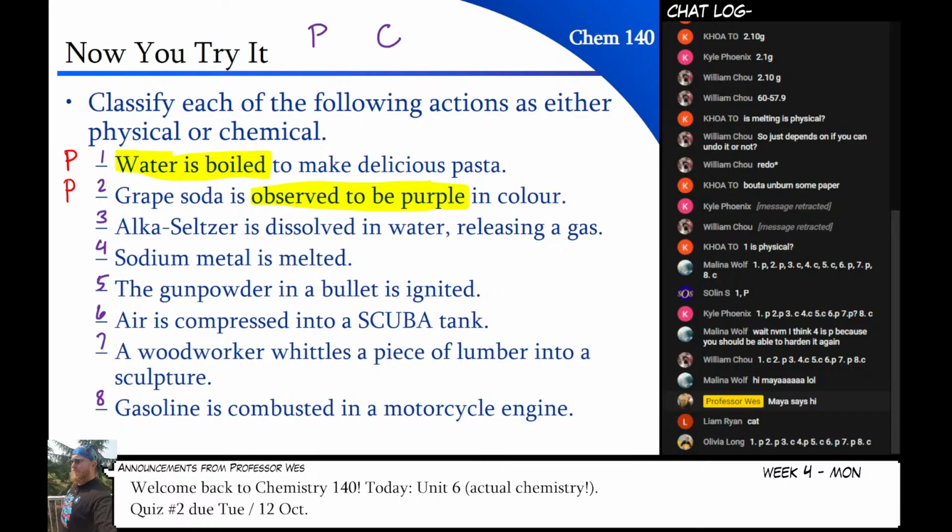However, if I do this example with the Alka-Seltzer and dissolve it in water, it ends up being a different process entirely, and I actually can't get the Alka-Seltzer back once it's dissolved. And the reason for that is because of this part. This is the actual relevant part to our discussion here. Does water normally release gas? I hope not. Otherwise, what you're drinking isn't water. Does Alka-Seltzer on its own release a gas?